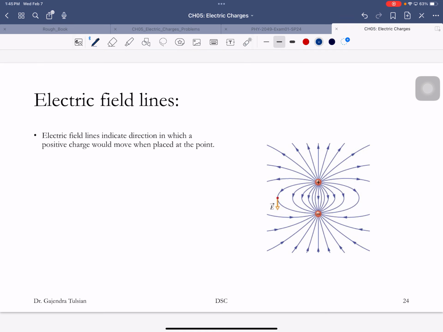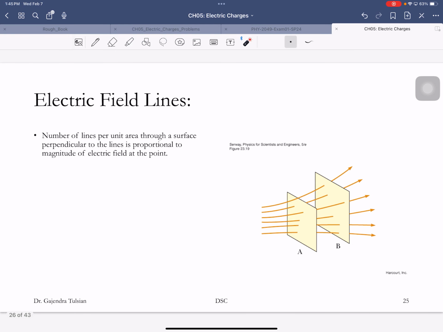All right. So here's a dipole. The positive and negative charge are separated from each other, and this is how the electric field looks. What this is showing you is the electric field created by some charge distribution like that.